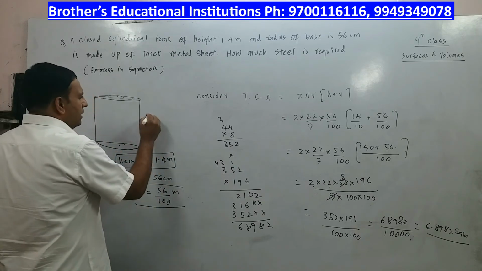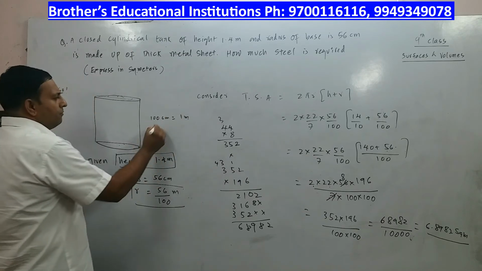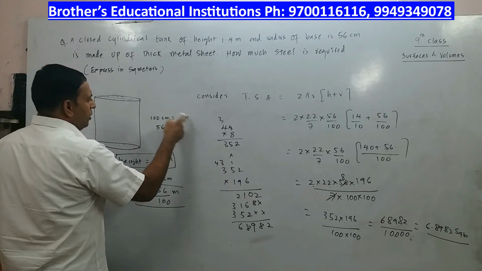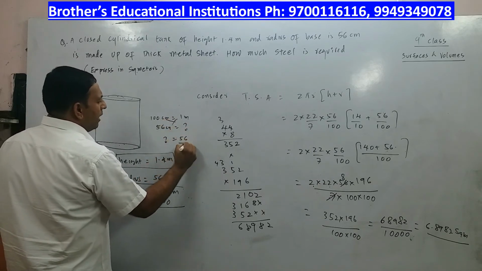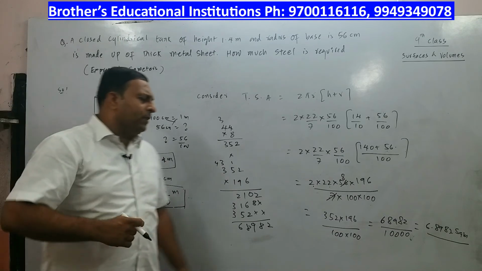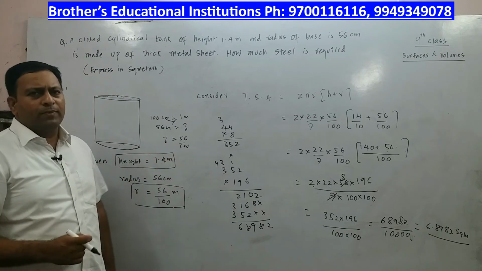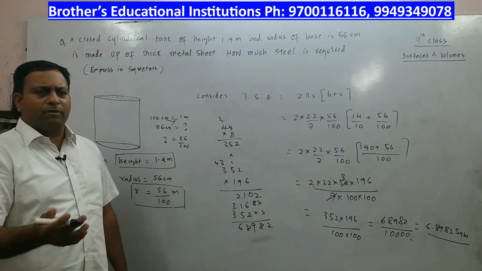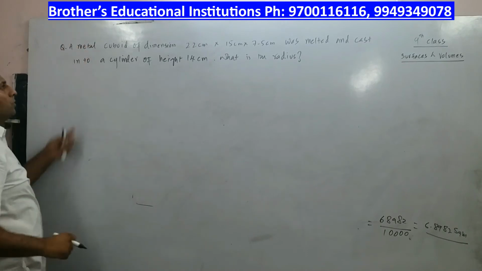And everybody knows that if 100 centimeters is equal to 1 meter, then 56 centimeters is equal to how much? 56 by 100. That's what you wrote. So these are the simple things one has to remember, right? So I want you to pause the video and copy the problem, and then we'll go for the next simple question. All right.